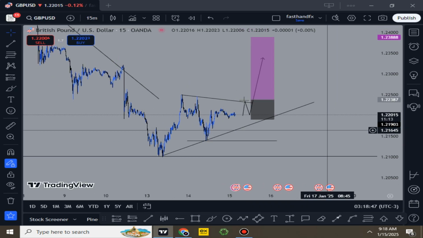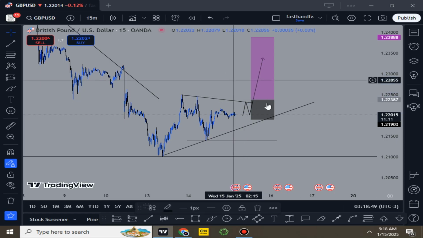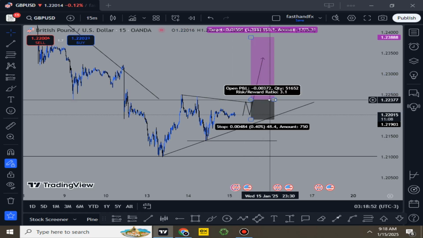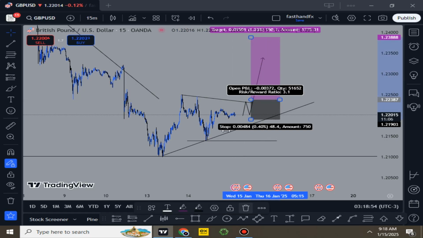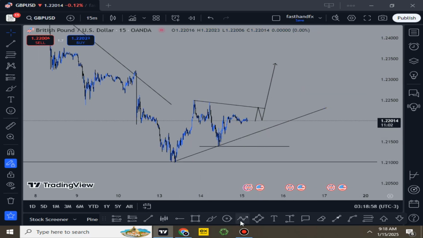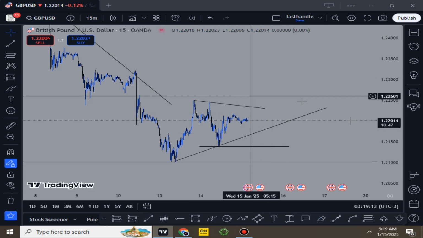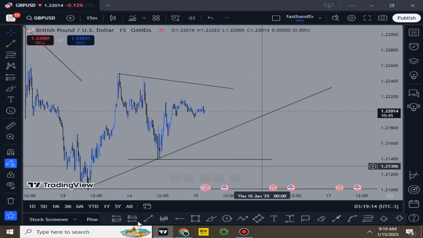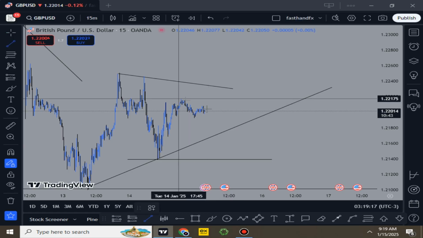But if we don't get a break right here before news, if GBP USD doesn't go as anticipated before news and she continues playing around, we need to understand what she will be doing during this drop right here. I don't know if you guys can see that. If we get a bullish continuation, then we should be looking for buys on CPI.